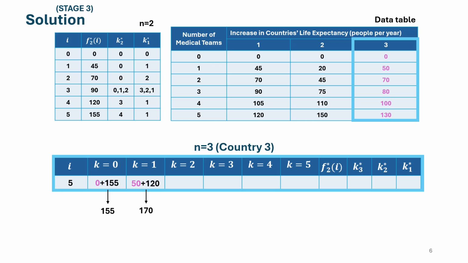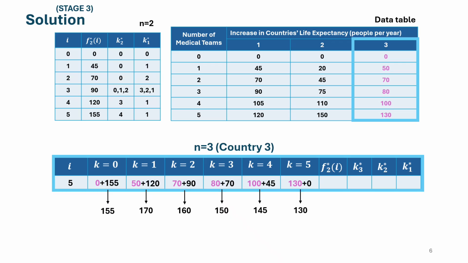For an allocation of 2 teams, the sum is 70 plus 90, which gives us 160. If we allocate 3 teams to country 3, the return is 80 plus 70, which equals 150. With 4 teams, the return drops to 145. And finally, allocating all 5 teams to country 3 gives a total return of 130.